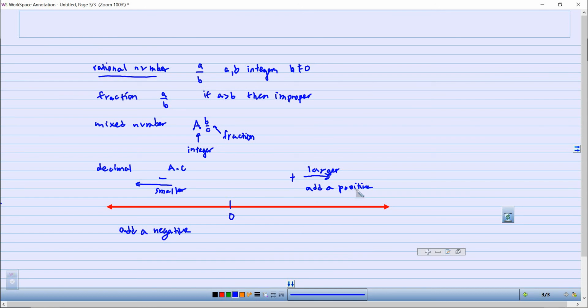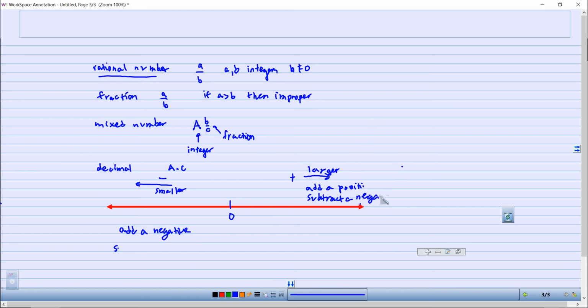Another way we can make the values get larger is we can subtract a positive. And another way we can make the values get smaller is we can, excuse me, that's not correct. To make the values get larger, we subtract a negative.